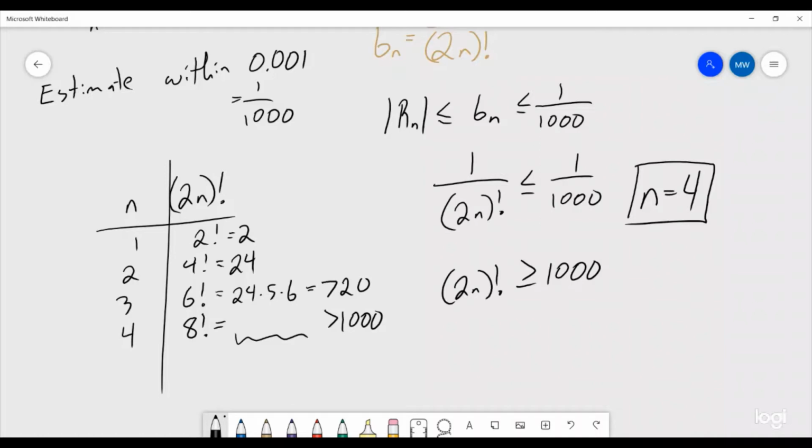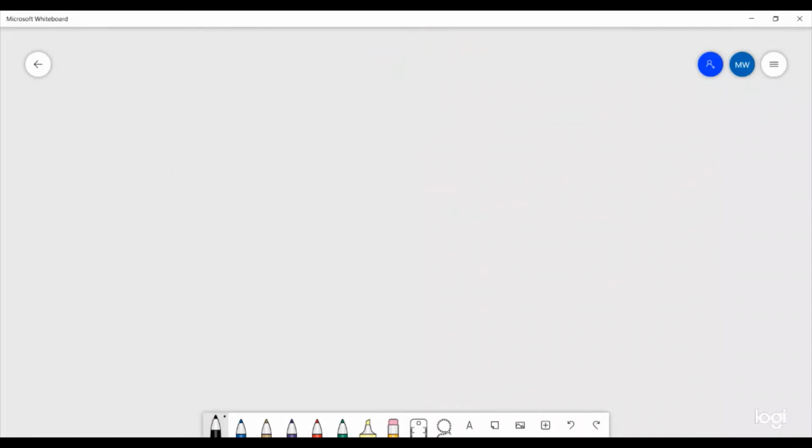Let's try and do one where we are looking at a power series. So let's say that we have the series n equals 1 to infinity, and no, it should be n equals 0.